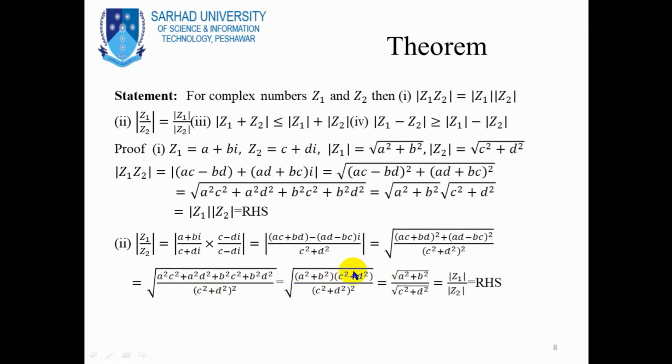And it can be written as the square root of (a square plus b square) into (c square plus d square), divided by (c square plus d square) whole square. So we can write the square root of a square plus b square divided by the square root of c square plus d square. So this is actually the magnitude of z1 and this is the magnitude of z2. So the z1 magnitude divided by the z2 magnitude is equal to the right hand side.